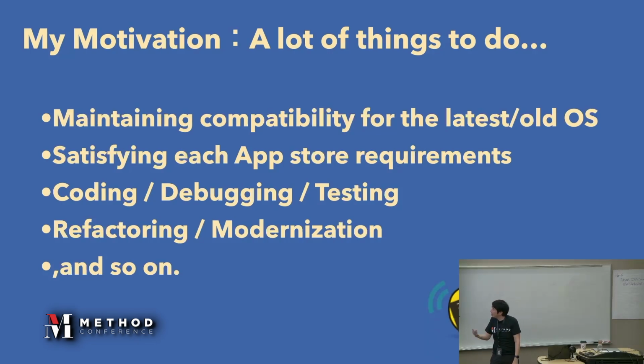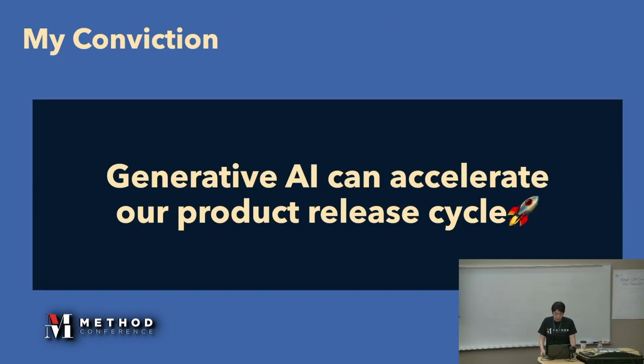So we have to catch up on how to refactor our app or how to modernize our app. So many tasks to provide our mobile apps. But using generative AI, we can accelerate our development speed. So my conviction is here: generative AI can accelerate our product release cycle.